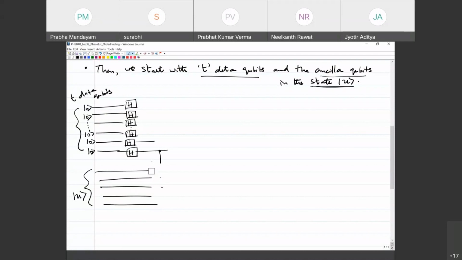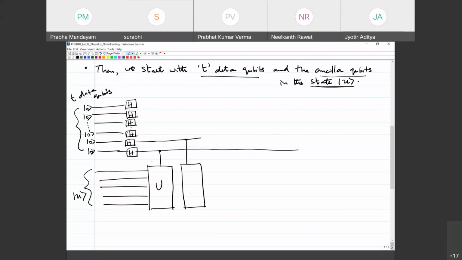U, of course, acts on the entire ancilla set. The second last, the t minus 1 qubit, with that as control and the eigenstate U as target, you do a U squared operation, control U squared. Then with the third one from the last, you do control U to the 4, not U cubed. So powers of 2.